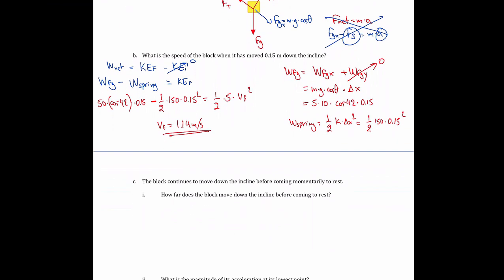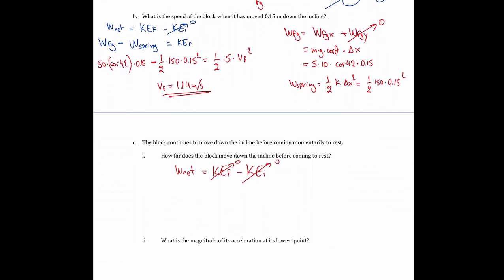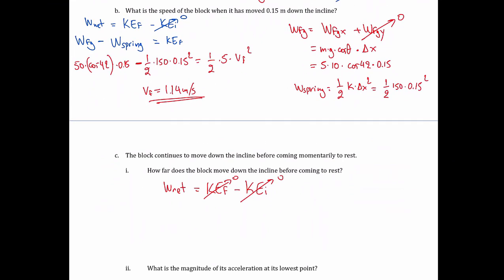So eventually the work net is equal to kinetic energy final minus kinetic energy initial, but in this case both the kinetic energy final and the kinetic energy initial are 0, so the object starts from rest and it comes to rest momentarily. Again, the work by gravity should be mass times g times cosine theta multiplied by the distance, but now we don't know the value of this distance.